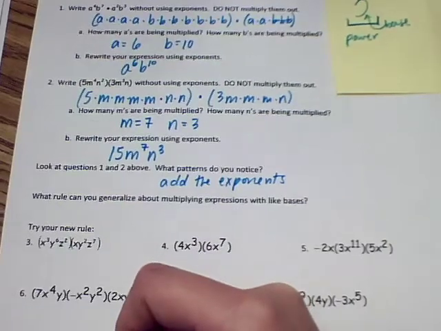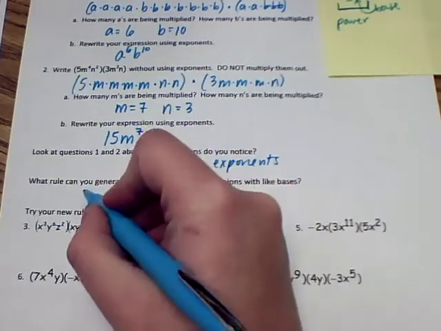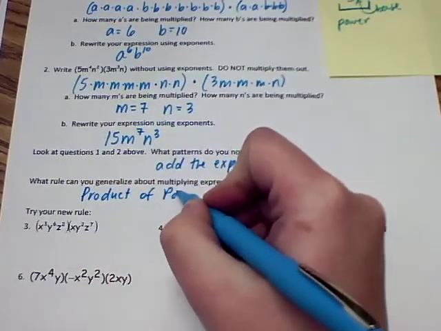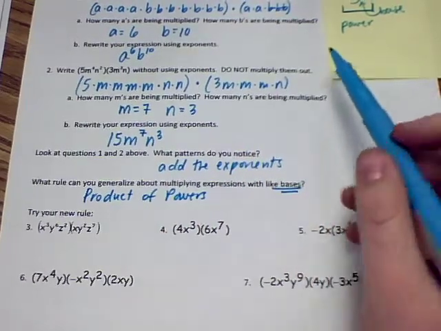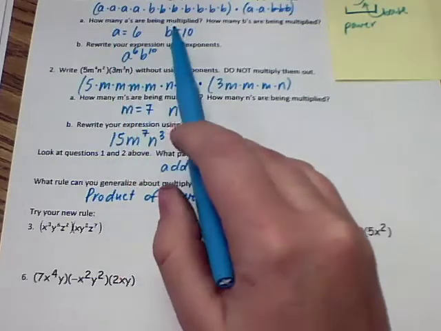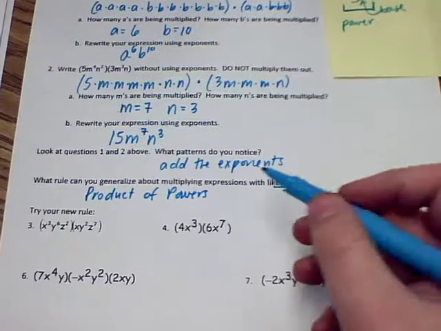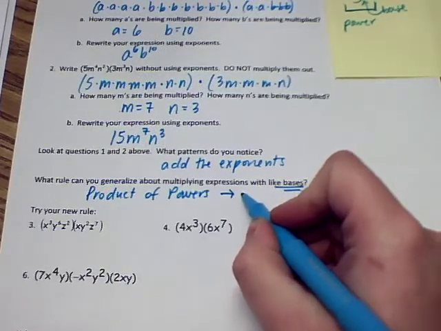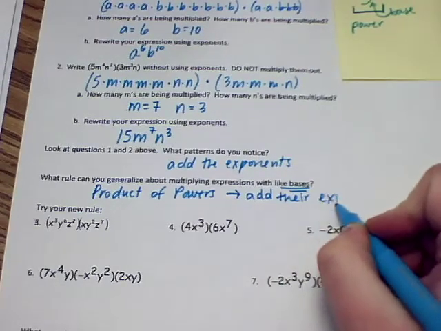So then if we want to generalize a rule about multiplying expressions of like bases, the product of powers, they have to have the same bases. So like this, they had the same a's, the same b's, same m's, same n's, whatever. If they have the same bases, then the product of powers tells us that we have to add their exponents.